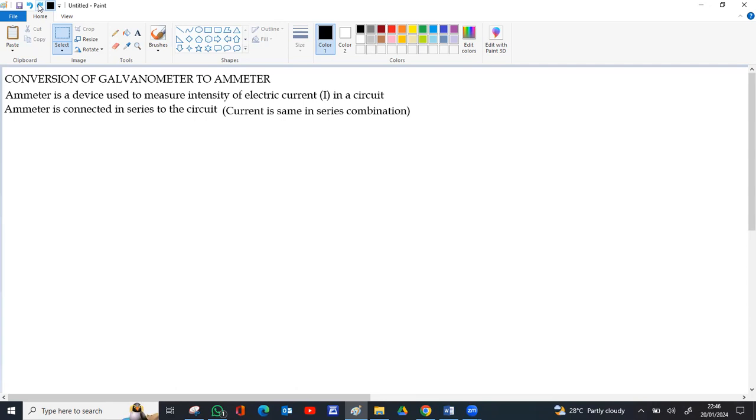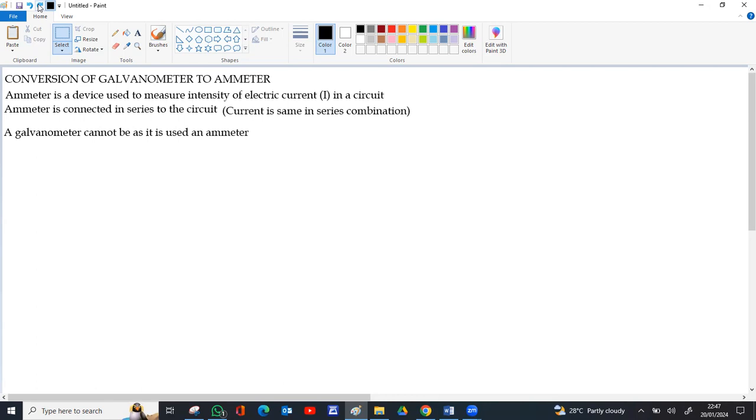Now, why can't we use a galvanometer directly for measurement of current? There are two basic reasons why a galvanometer, without any change, cannot be used for measurement of current. Number one, a galvanometer has its own resistance.